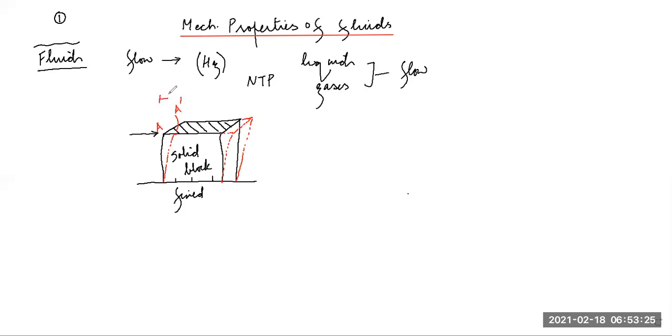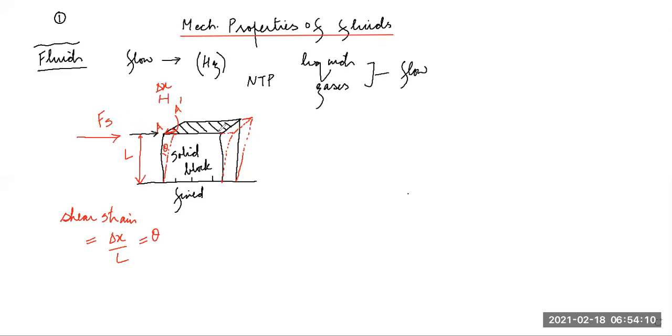So let's say A A dash is delta x, this distance, and this is, let's say, L. So I define shear strain as delta x by L. I also call it theta in radians. This is shear strain.